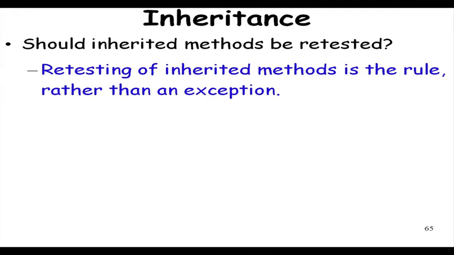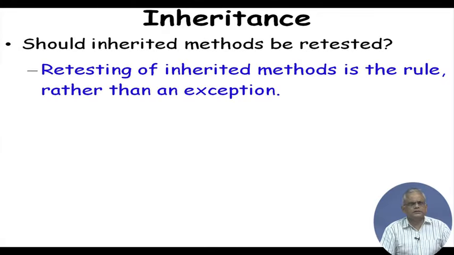Inheritance is a prominent feature of the object oriented paradigm, and inheritance helps code reuse. Once code is written in the base class, the code is reused in the derived classes. So, the question is that if the methods have been tested in the base class, should those methods, once they are inherited in the derived class, be tested again?